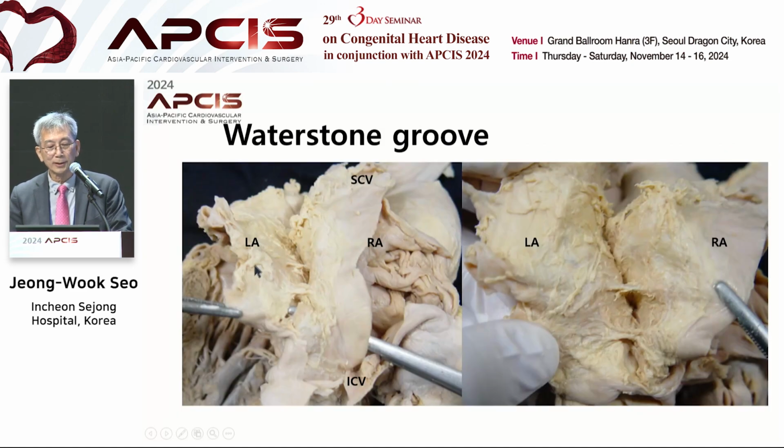And here there is an internodal pathway. Somebody described this as an inter-atrial pathway, but usually we think it's a vascular structure rather than a myocardial structure. The myocardial connection between right and left atrium is through the limbus of the fossa ovalis, which is not at this level.